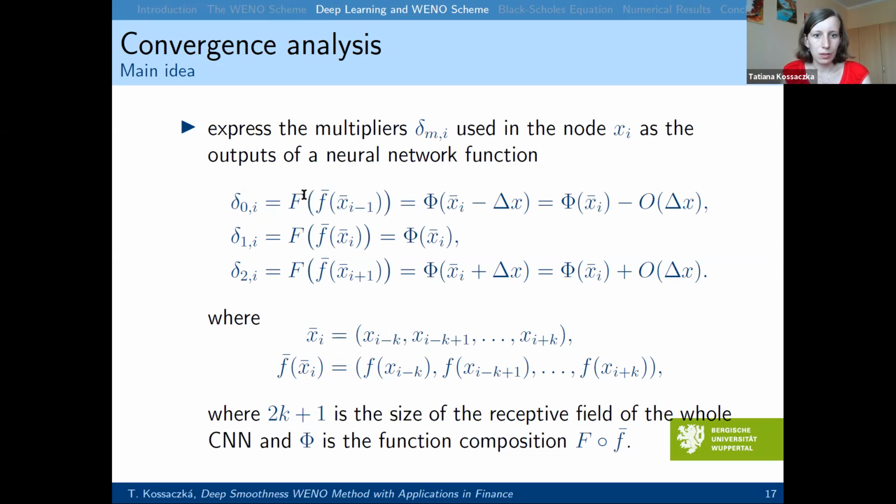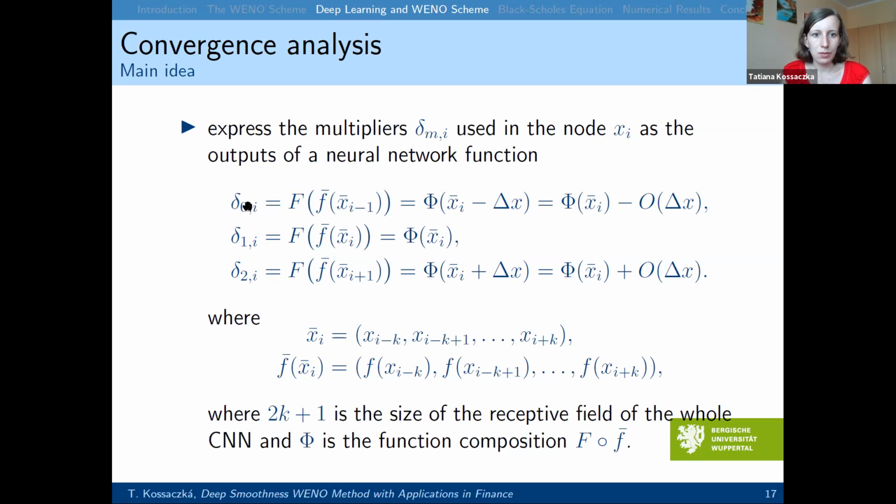So we have f as the neural network function. These are the input values, the flux function values at particular grid points x_i. Then we use phi as a function composition of this big F and small f.